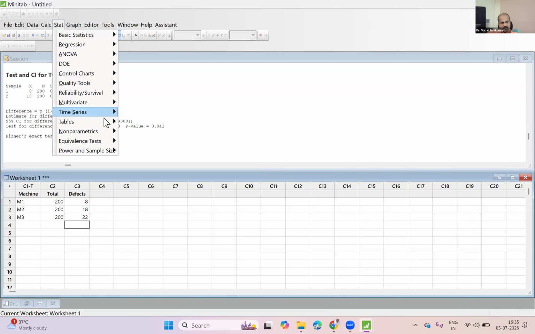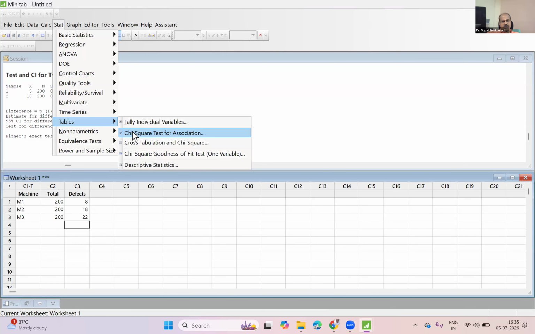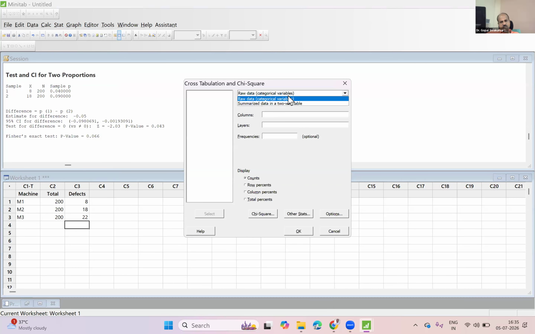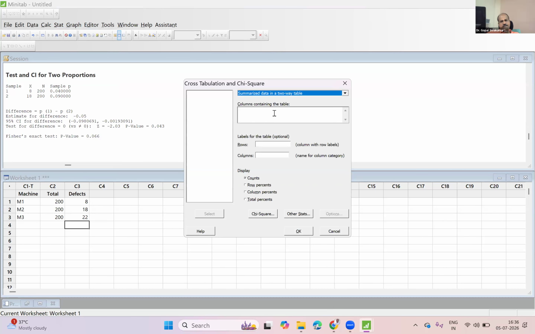Stat, table, chi-square, cross tabulation and chi-square. Click that. Summary of this. Summary. Now these are the two rows.